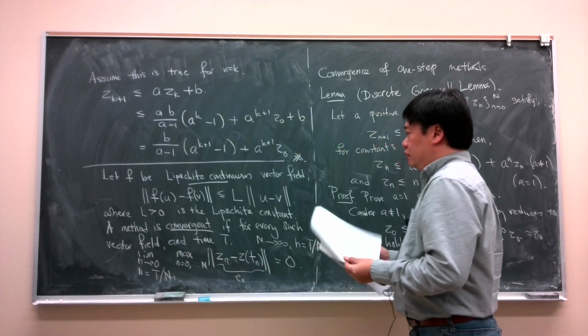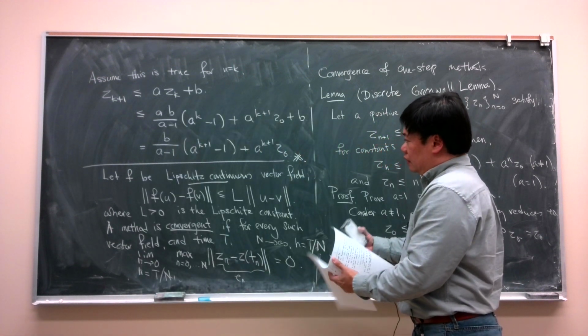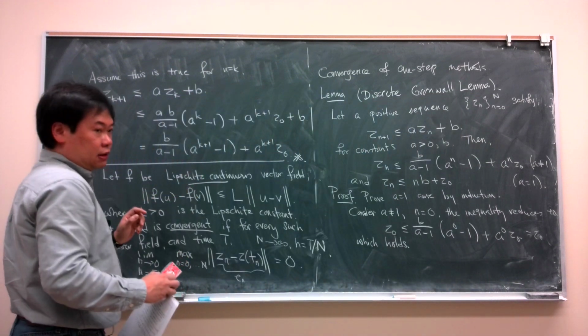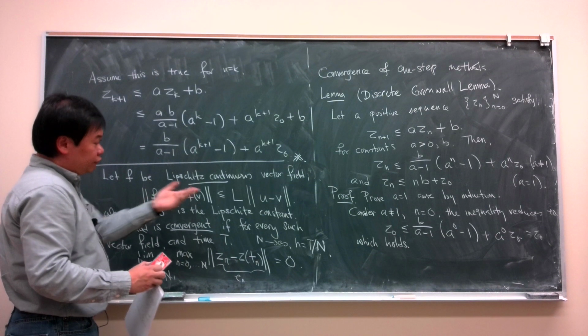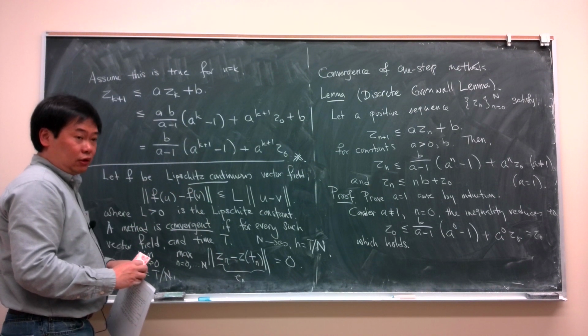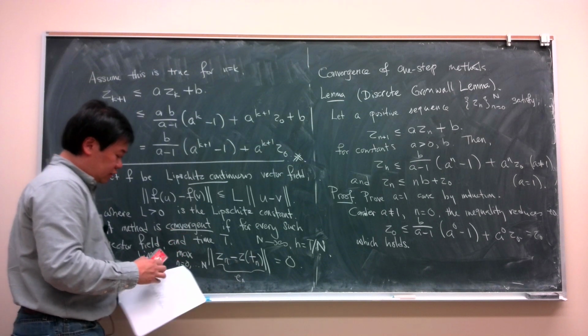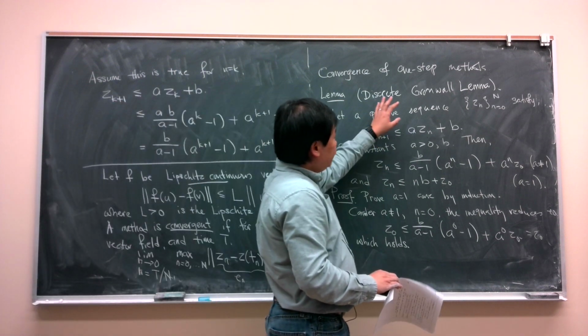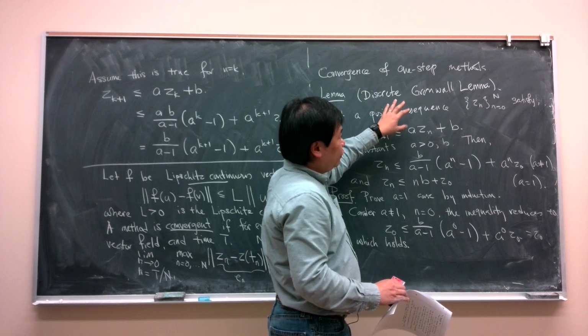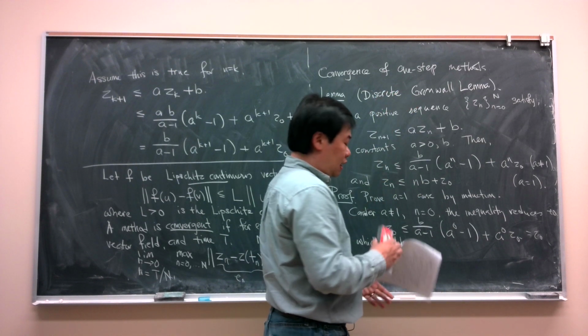All right, so in any case, now what we'd like to do is that if the differential equation has a vector field which satisfies this Lipschitz continuity condition, then we want to check that the Euler method is convergent in this sense here. And we're going to do this by doing a global error analysis which leverages this discrete Gronwall lemma which we proved.